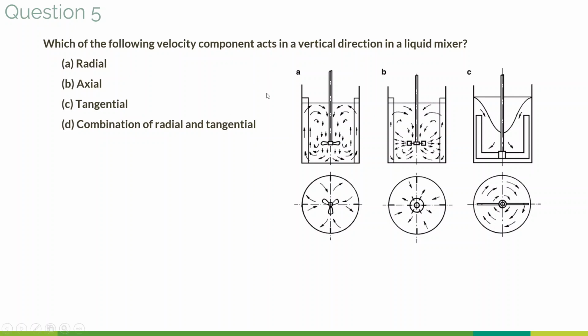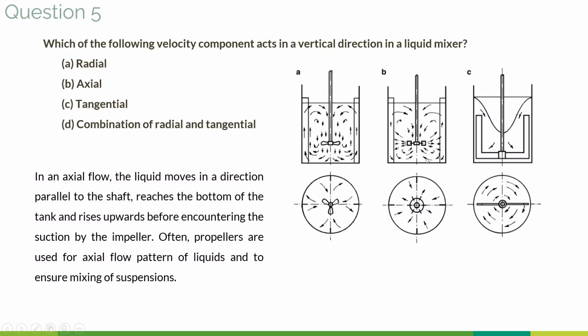So we'll be discussing in a little more detail as we discuss the questions for these velocity components. So which of the velocity components acts in a vertical direction in a mixer, which means in this direction? So this direction is parallel to that of the impeller shaft. So that corresponds to the axial flow.